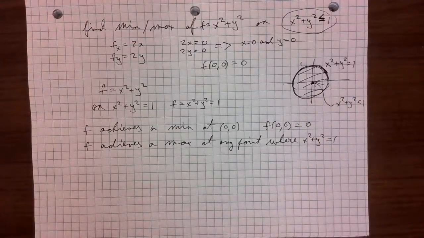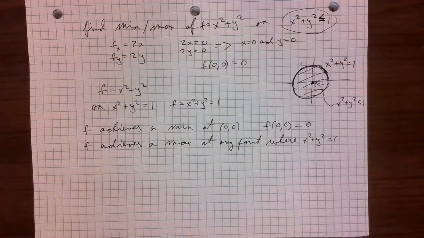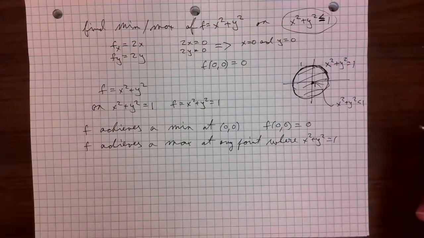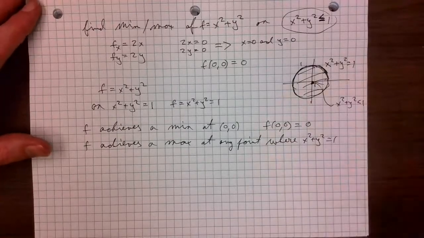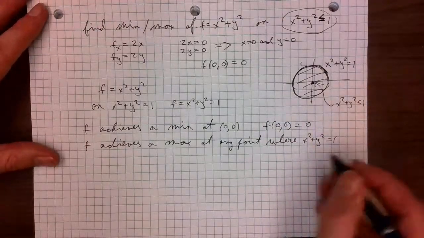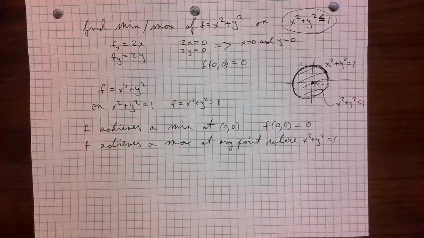And maybe that sounds a little stupid, but that's just because I picked f to be really simple. All right, let's look at the graph and see how that looks.